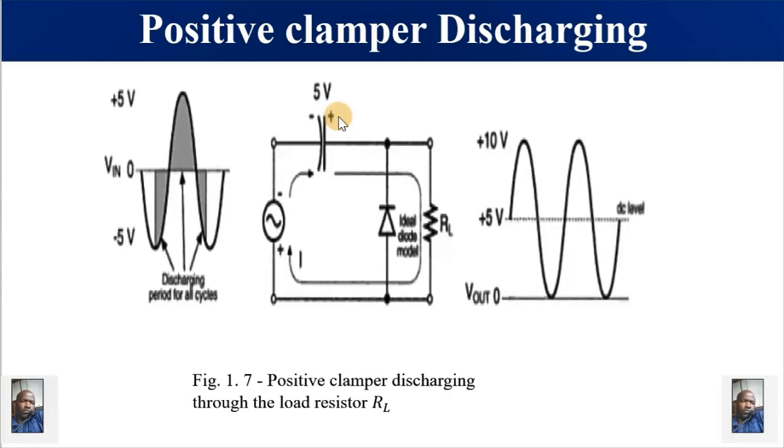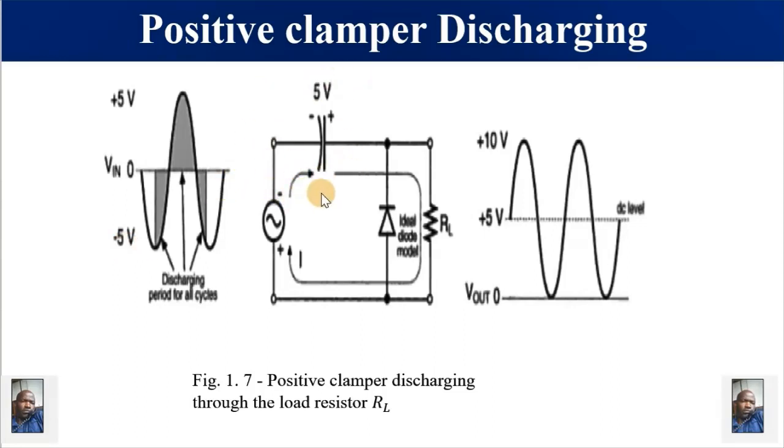It has now been charged to plus 5 volts, but because its negative peak is now equal to the zero reference voltage, it's now producing an output across the load of 0 to 10 volts, which is the same as the peak-to-peak, which is 10 volts. How does that happen when it is charged to 5 volts?